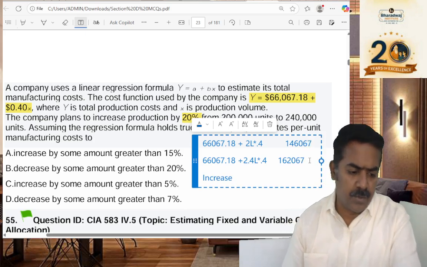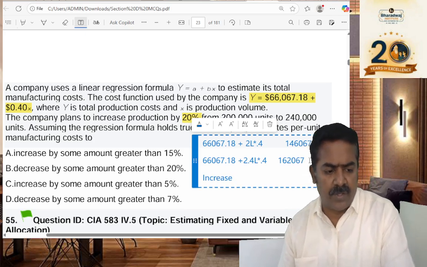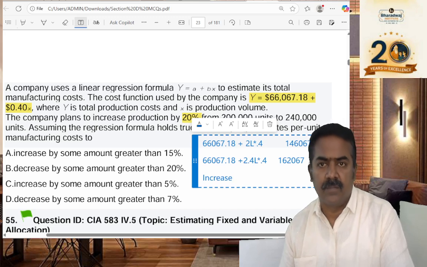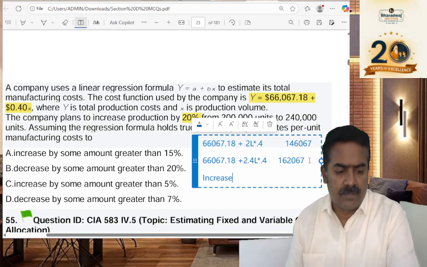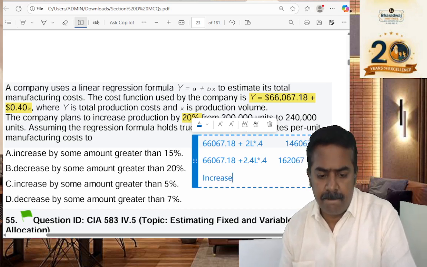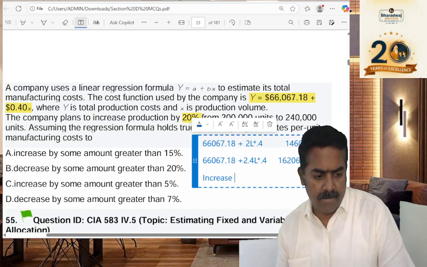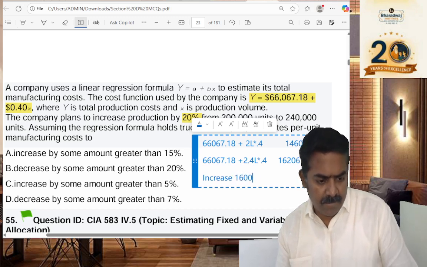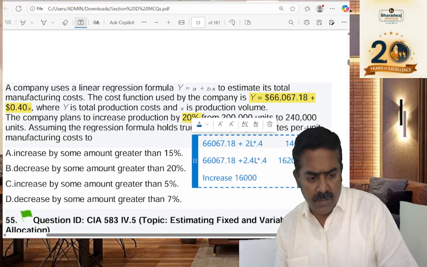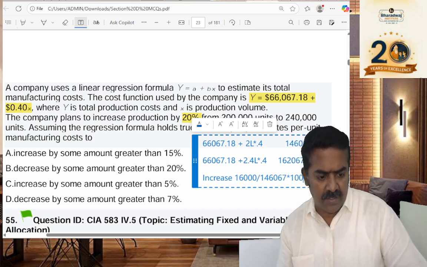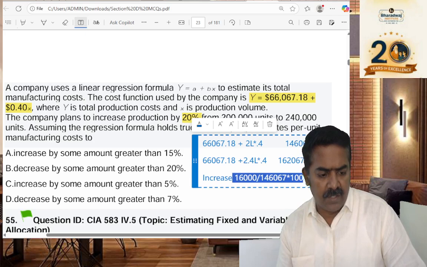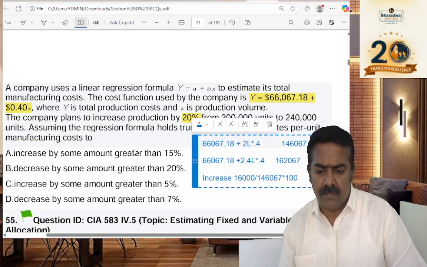Difference: 162,067 minus 146,067 is 16,000. 16,000 divided by 146,067 into 100 will give us the percentage of increase.